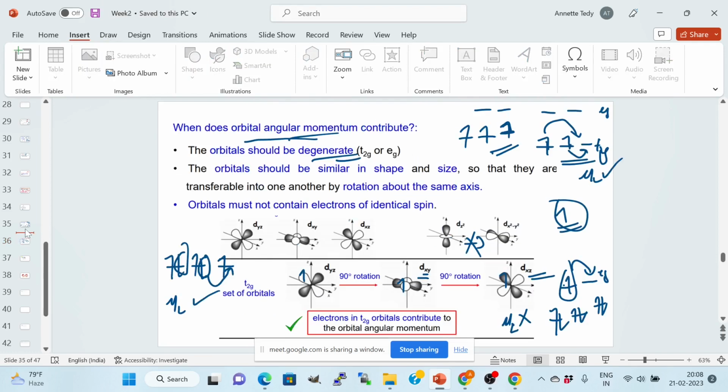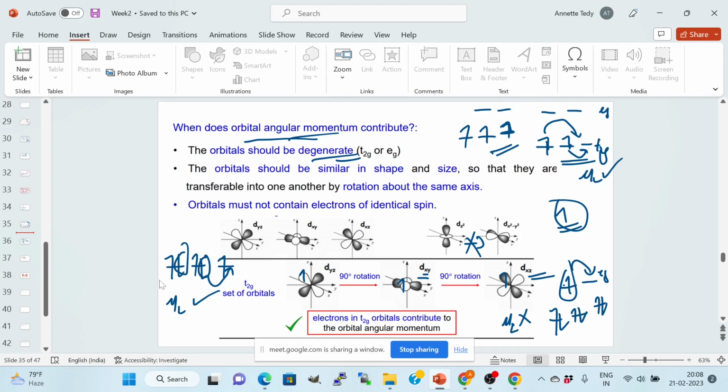Yes, yes, this case, right? But you are talking about 6 electrons. In 6 electrons, there is no vacancy, right? Because each orbital has both up and down. The criteria is orbitals must not contain electrons of identical spin.